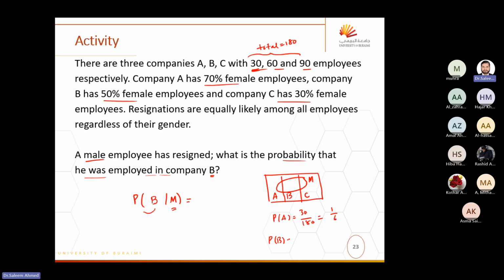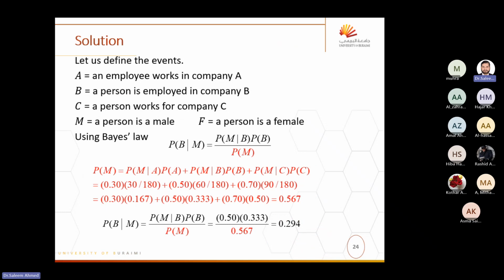Probability of B: there are 60 employees in B divided by 180, so 1 by 3. And probability of C will be 90 employees in company C divided by total, so 1 by 2. So see, if you take the sum, it is 1, right? The sum of probabilities has to be 1.